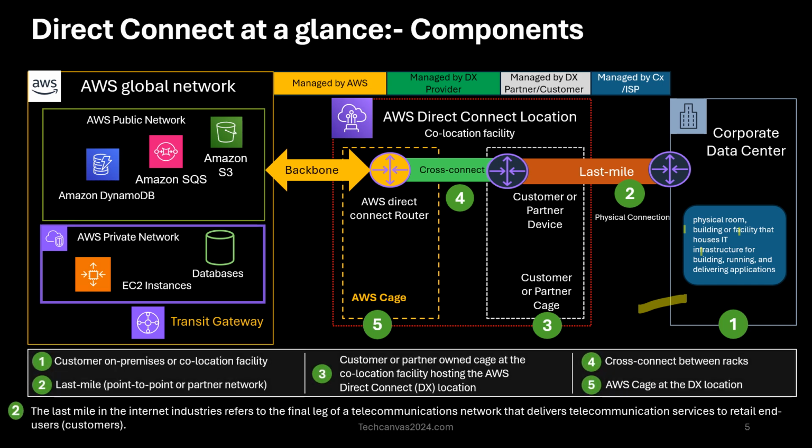So let me explain a bit more on last mile. Last mile in the internet industry refers to the final leg of the telecommunication network that delivers telecommunication services to retail and end users. Like if you talk about Malaysia as a location, Malaysia has a couple of locations.